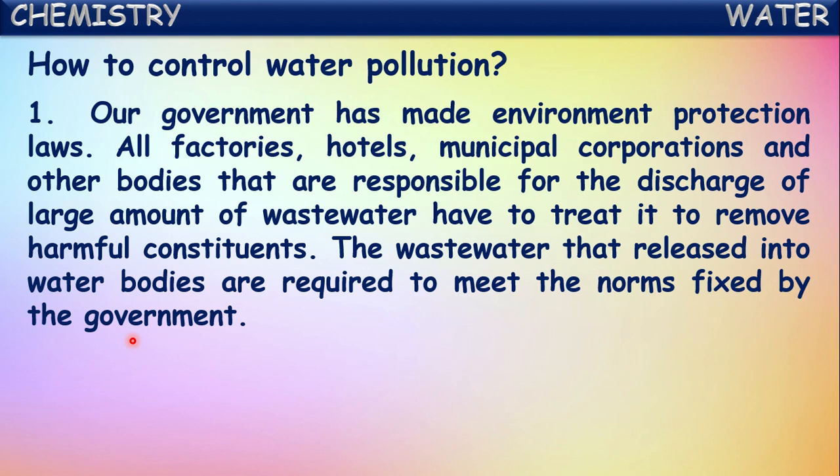The factories, hotels, municipal corporations, and all other bodies which discharge large amounts of wastewater into water bodies, first of all, have to remove harmful or polluting chemicals present in this water before discharging it. So the wastewater released into water bodies is required to meet the norms fixed by the government. As per the norms, all the harmful chemicals are to be removed before discharging that water into water bodies.